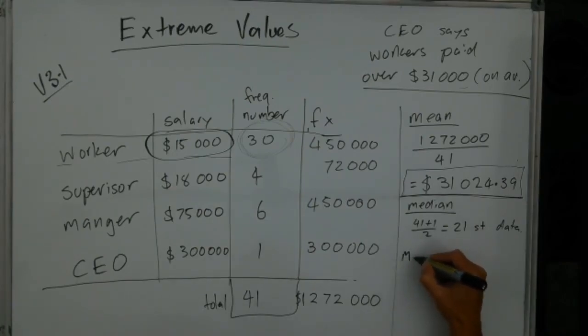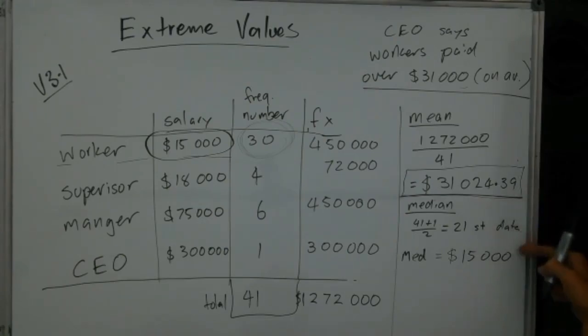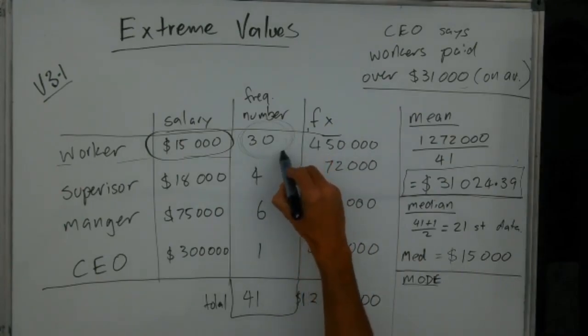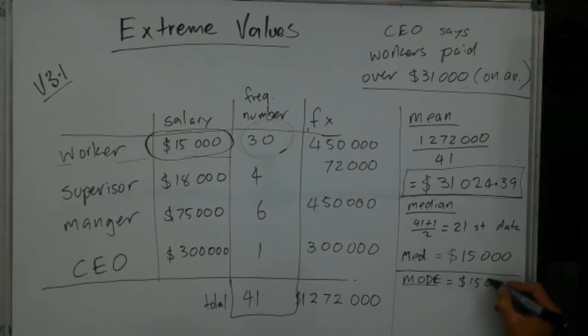So the median is 15,000, which doesn't quite match that. Again, the mode is the one with the highest frequency. Straight away we can look at that and say, well, there's 30 people. So the mode is also 15,000.